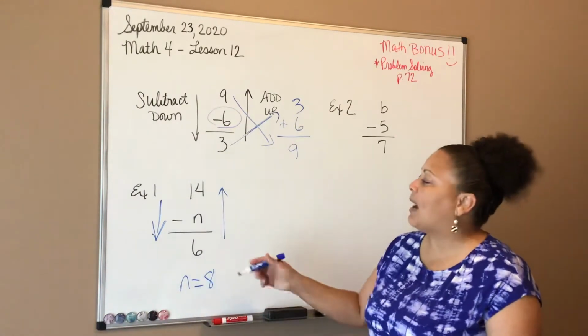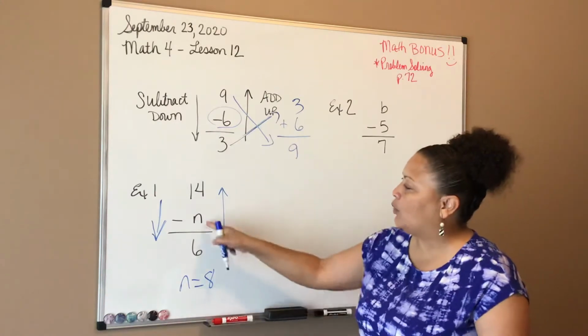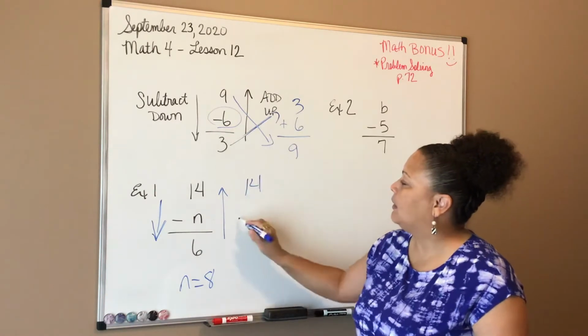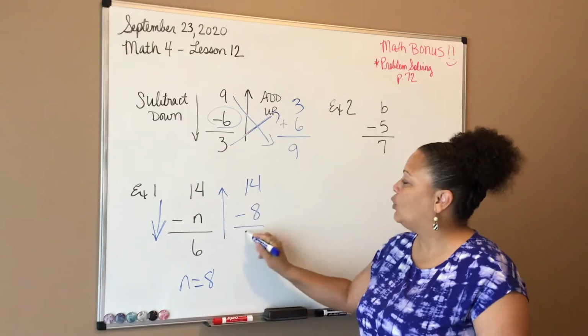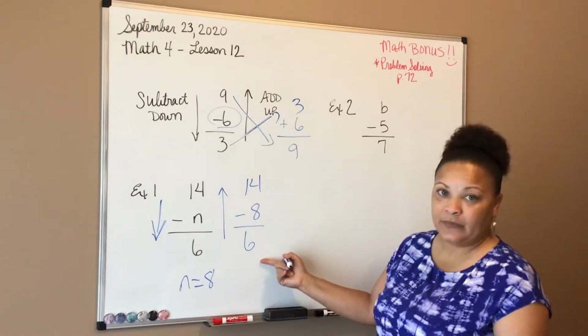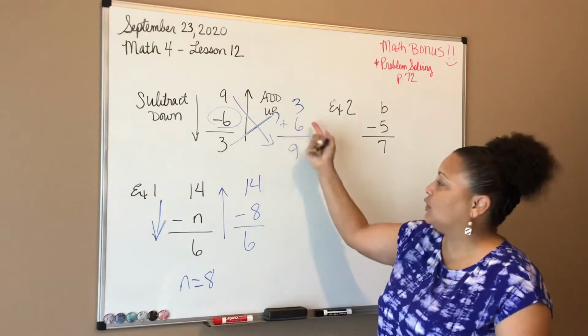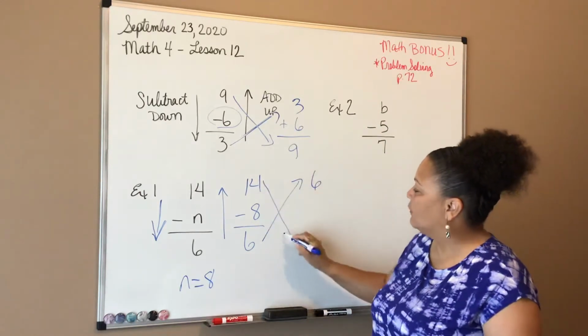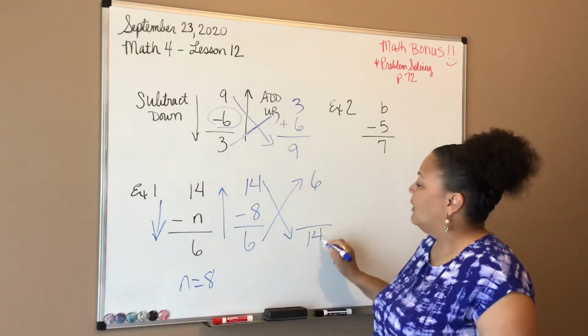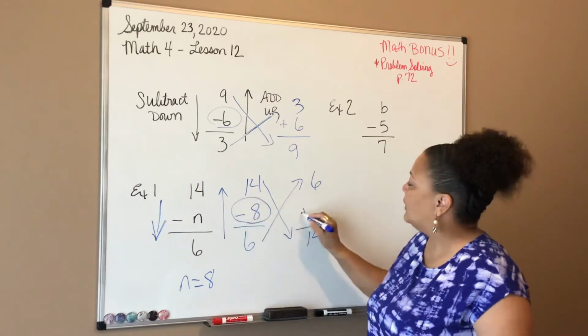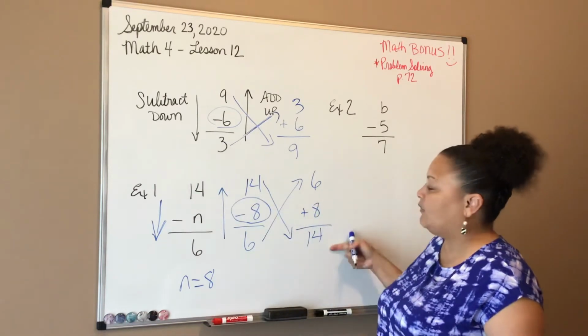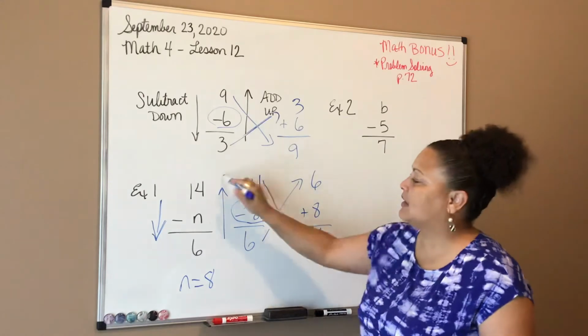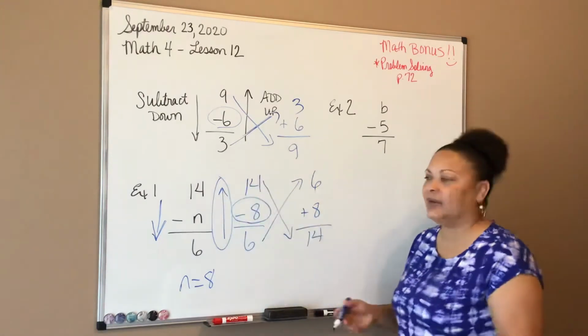So we check that by plugging in the 8 where the n is. So 14 minus 8 equals 6, right? Remember our inverse? We could still use inverse to check that. So 6 would be first, 14 should be last, and we take the minus 8, turn it to plus 8. So is 6 plus 8 14? Yes. That's the same thing as our adding up scenario, okay?